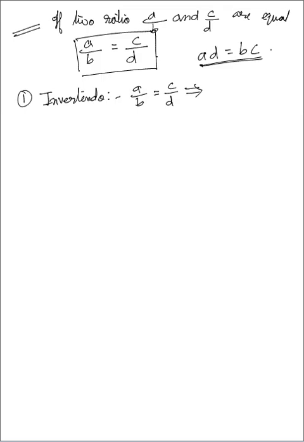Okay, so here it will be B by A is equal to D by C. Okay, means suppose A is to B is equal to 3 is to 1, then B is to A will be 1 is to 3. Simple. Okay, so that is invertendo. Just we have to reverse, we have to take upside denominator on numerator and numerator will be denominator.